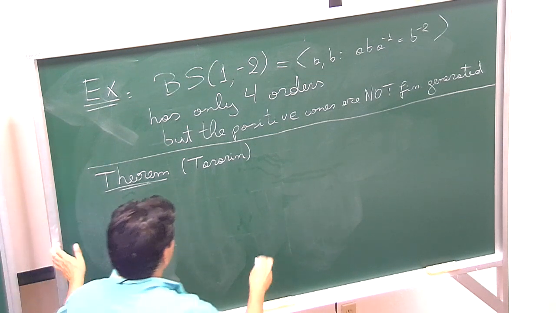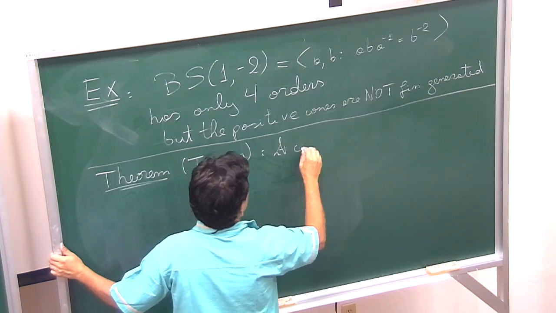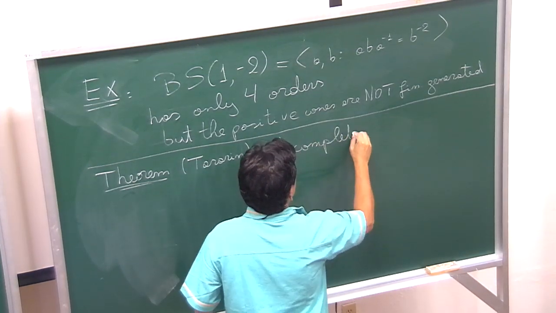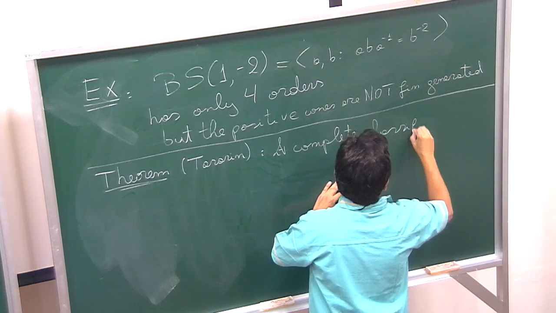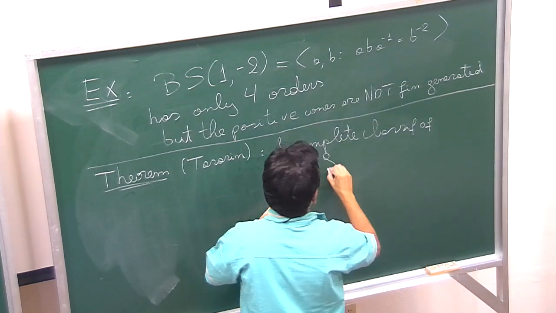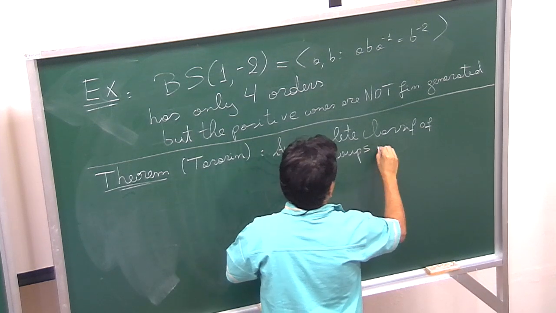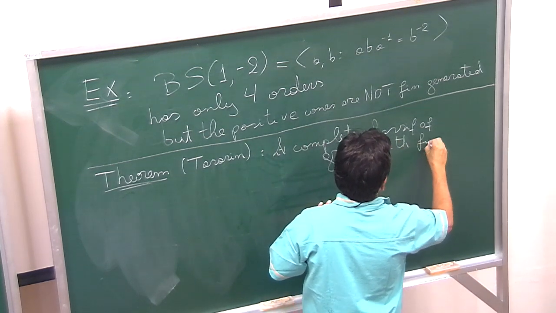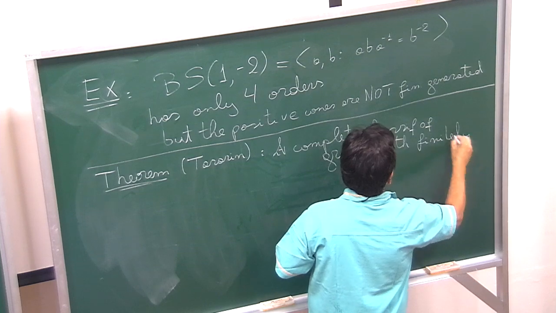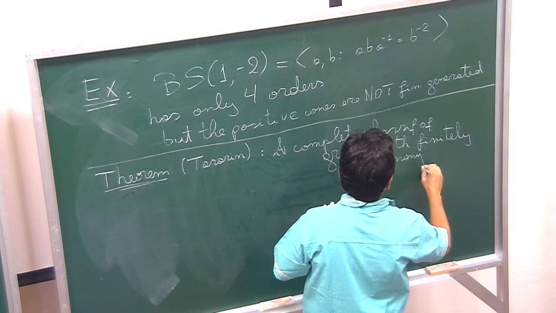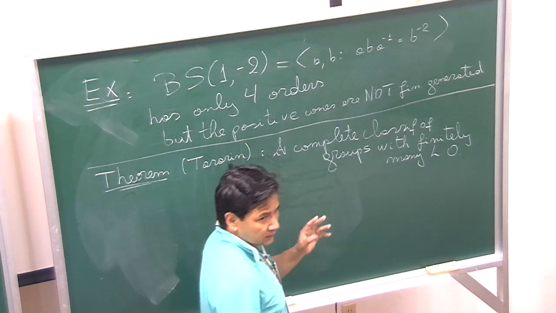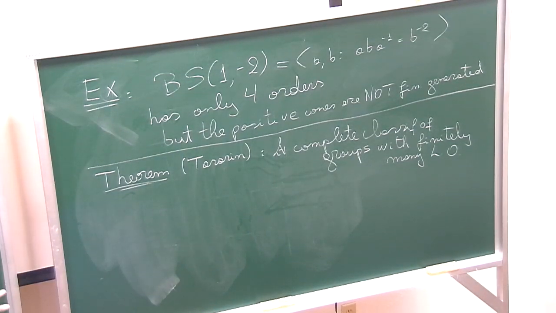This is a complete classification of groups with finitely many left orders. I will not state the theorem because it's a little bit technical. All these groups are solvable, but what's happening is that at each step, what you add is an element that reverses the orientation of the previous elements.